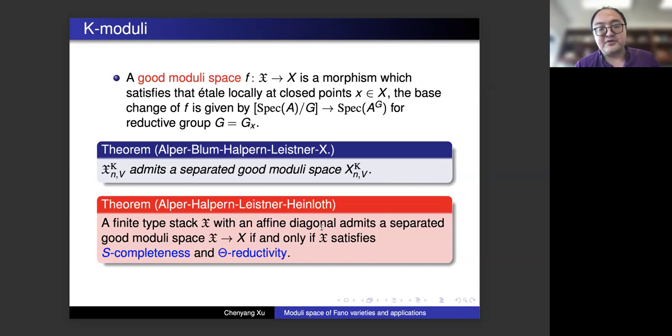Particularly, G here you can just take to be the inertia group, or in our case, just the automorphism group of the Fano variety corresponding to this point.